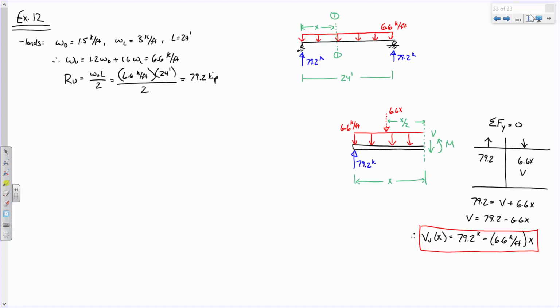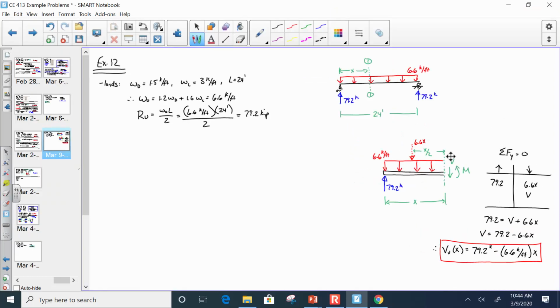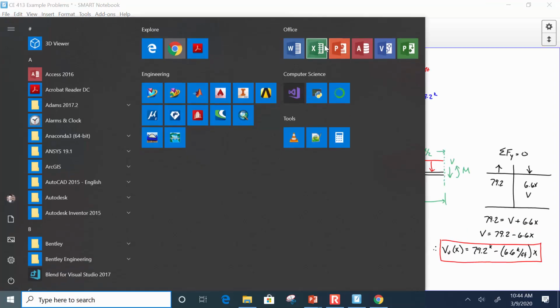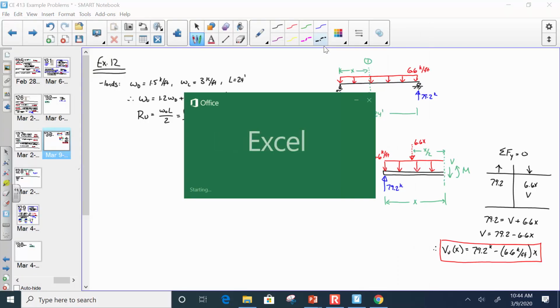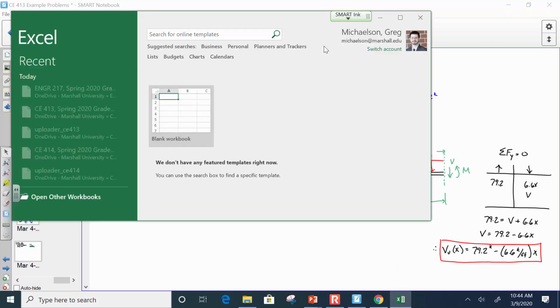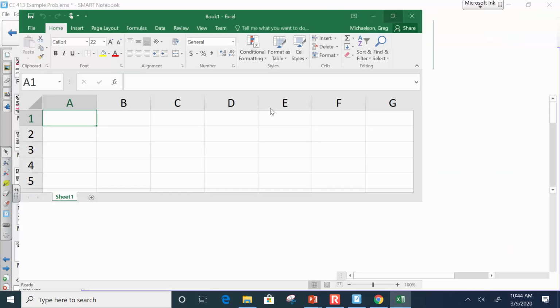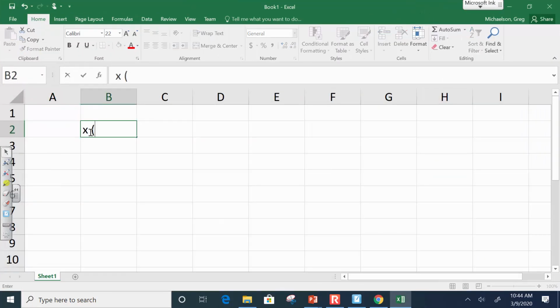So what do I mean by that? Does everybody have this? Okay. So, how long's the beam? How long? 24 foot.